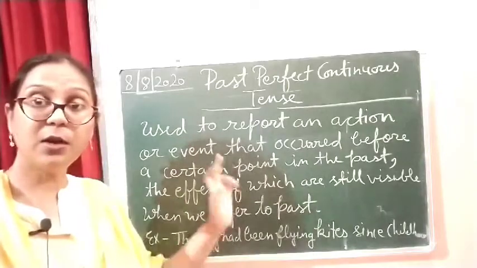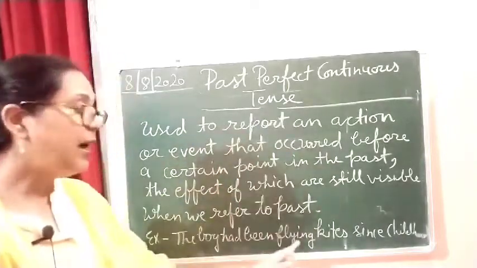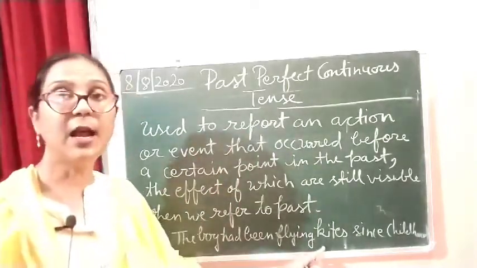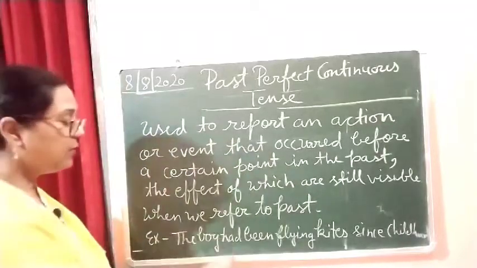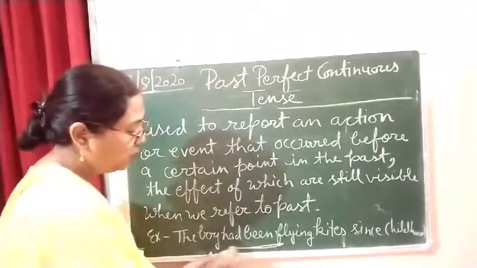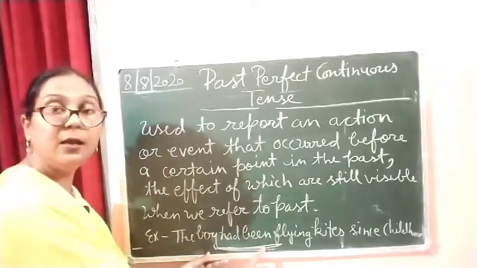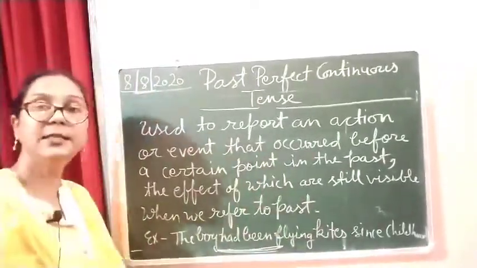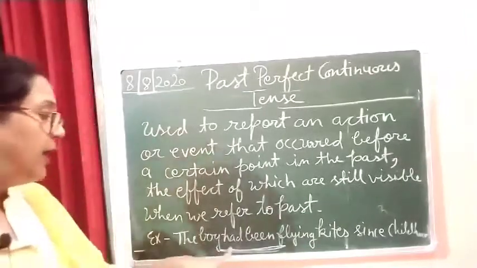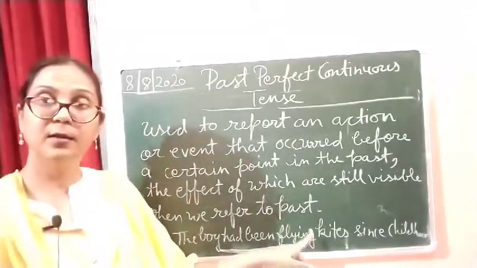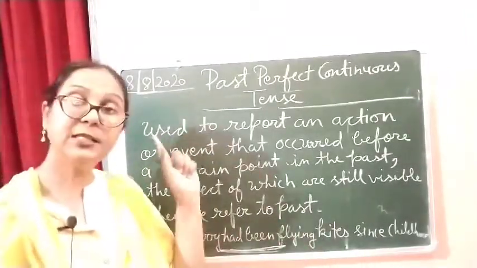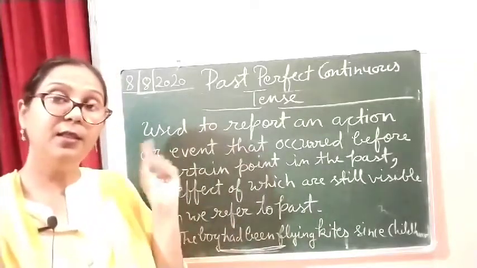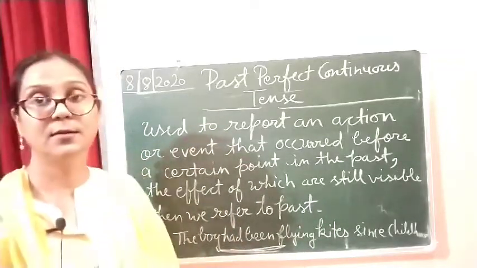Because this is continuous, we are using ing. With ing we have used had been flying kites since childhood. We are referring to this in the past.